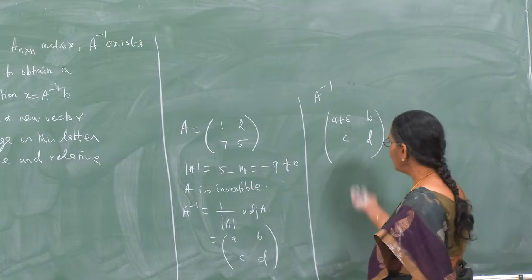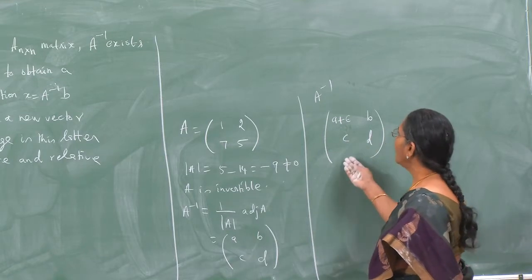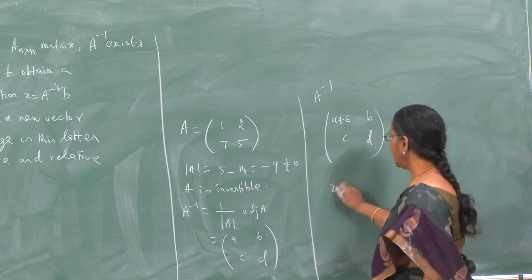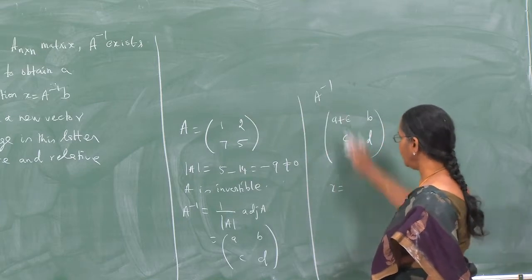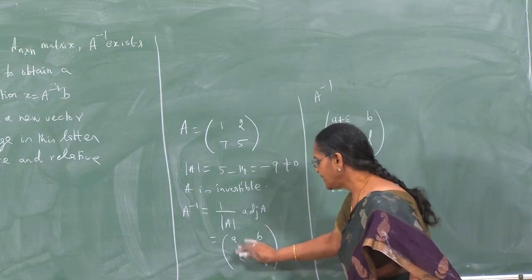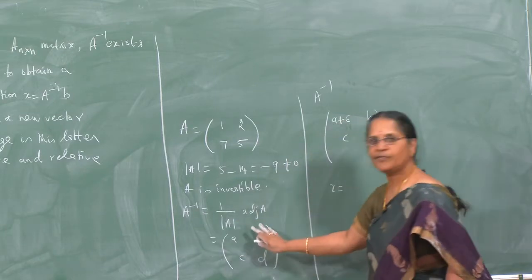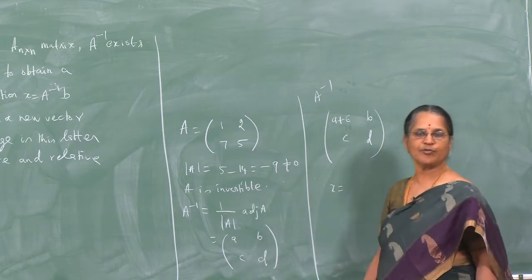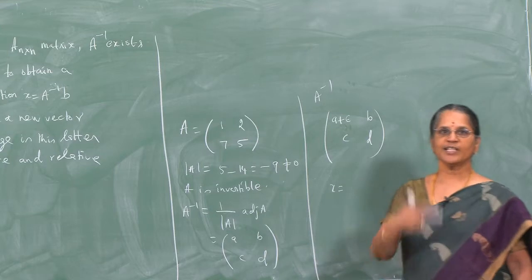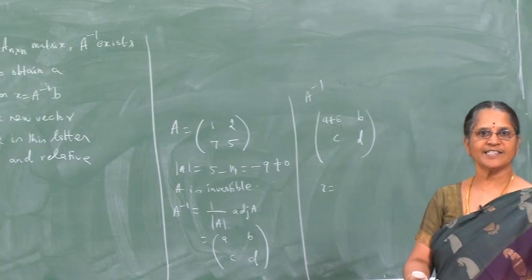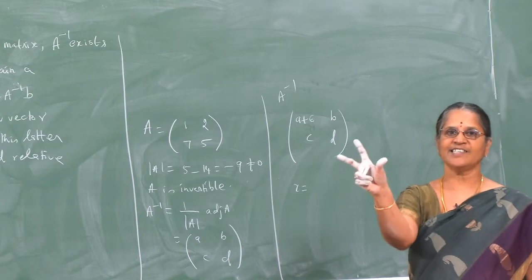I continue with the computation of getting the solution of this system and taking x equal to A inverse b. Actually, my A inverse b should take the true A inverse, but I take this perturbed matrix as my A inverse and work out the solution. So, the solution that I get is something different. So, the question is, how large is this difference?